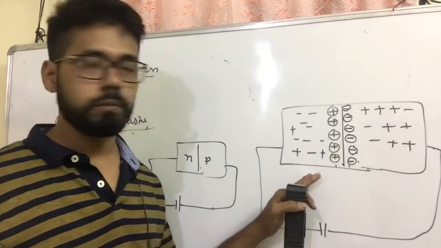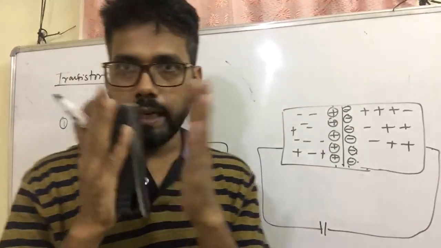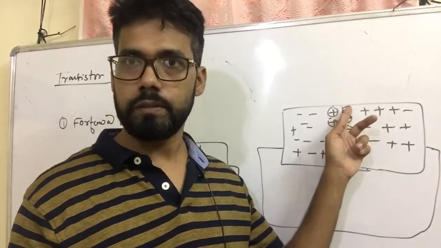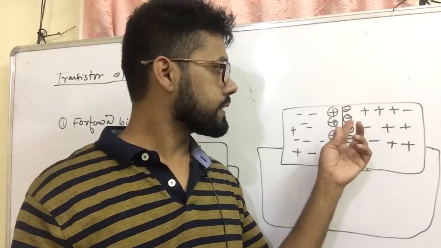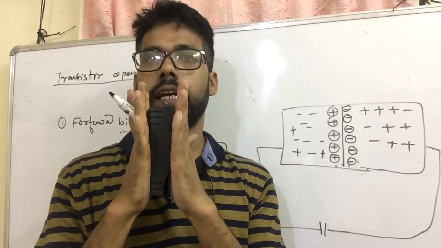After application of forward bias, these immovable ions come very close to form a layer, because this negative acceptor will attract the positive donor, and they come closer and form a layer.